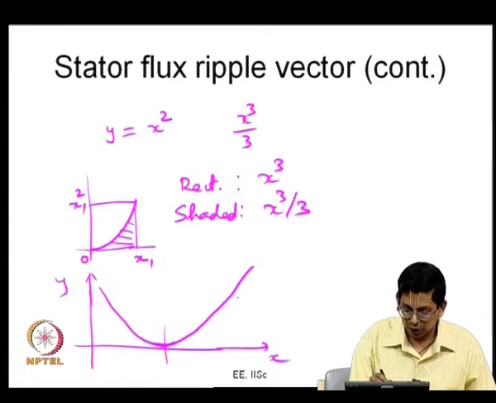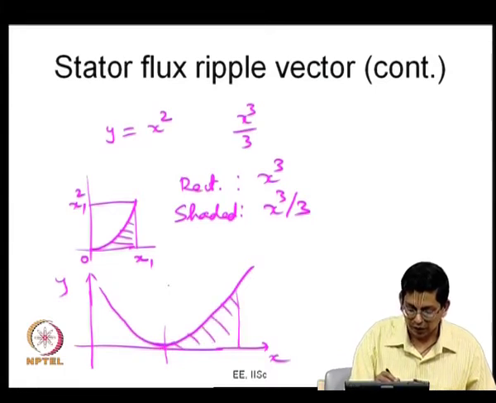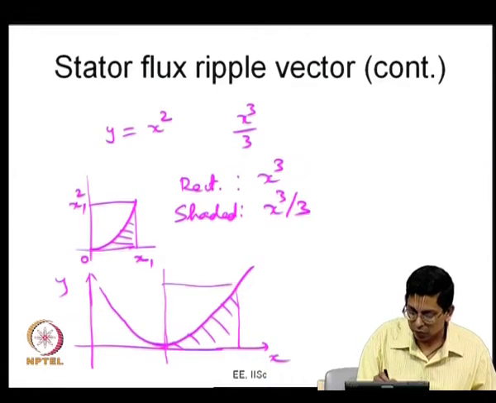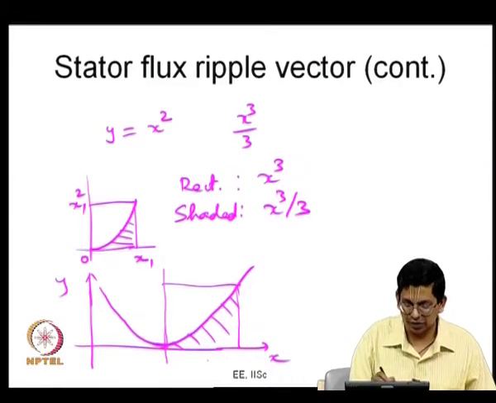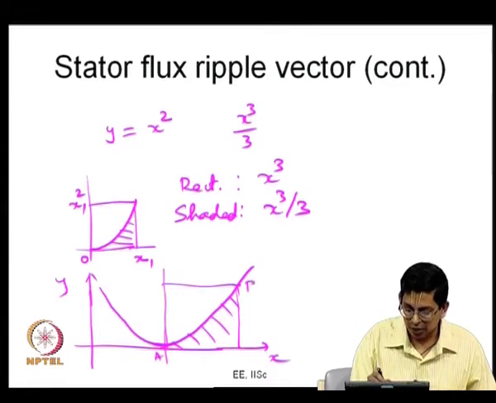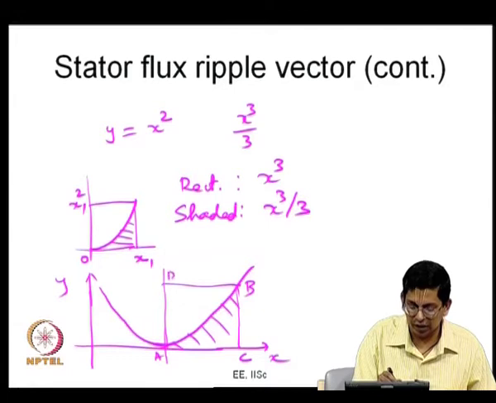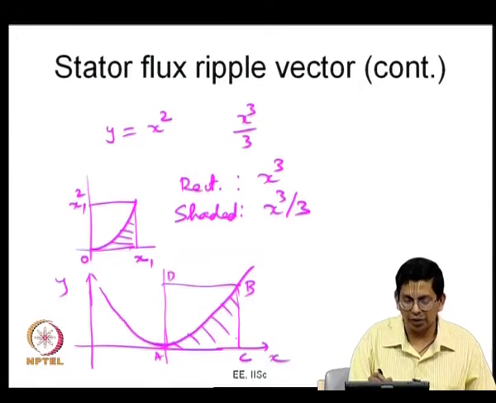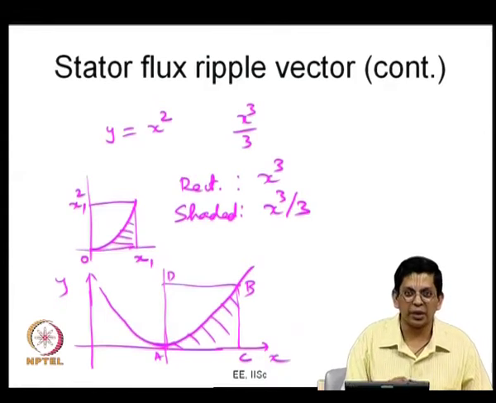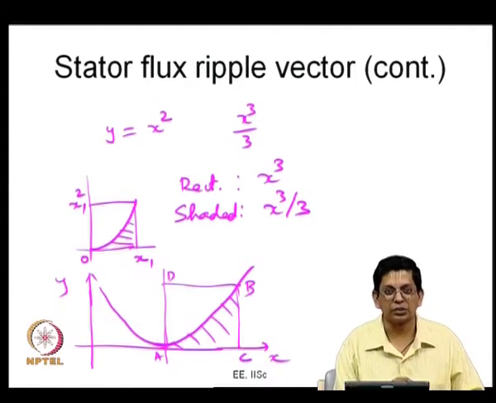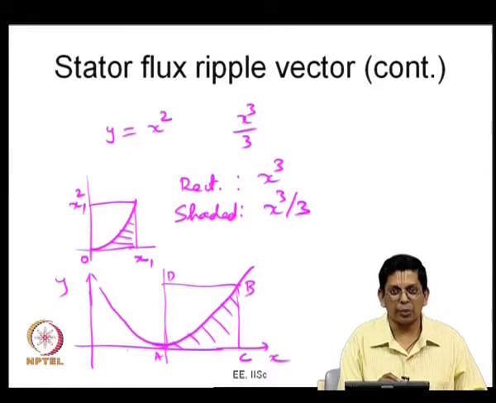Now, let us say I want to compute the area here. This area is 1/3 of the area of this rectangle. If I call these points A and B, and call these C and D, then the shaded area ACB is 1/3 of the area of the rectangle ACBD. That is all I am trying to say, so the parabola may be wherever it is.